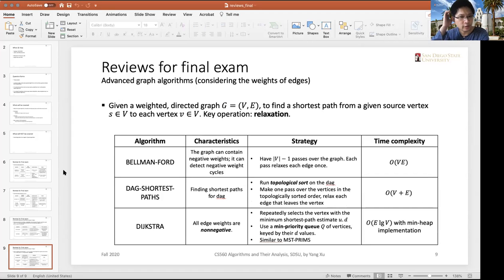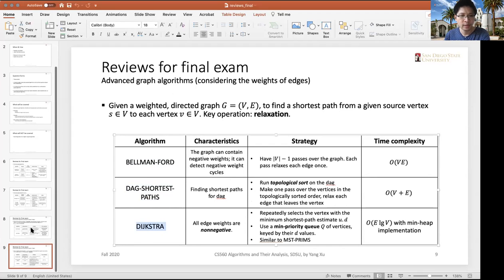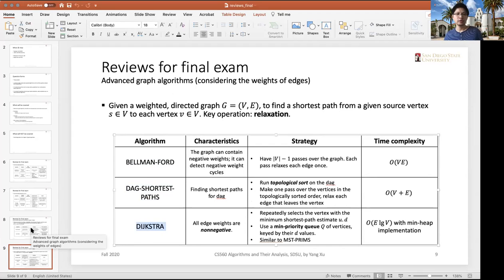And lastly, for the shortest path problems, I also list the Bellman-Ford, the DAG algorithm, and the Dijkstra's algorithm here. So you can use these 4 tables to help you have a more detailed review of the graph algorithms chapter.